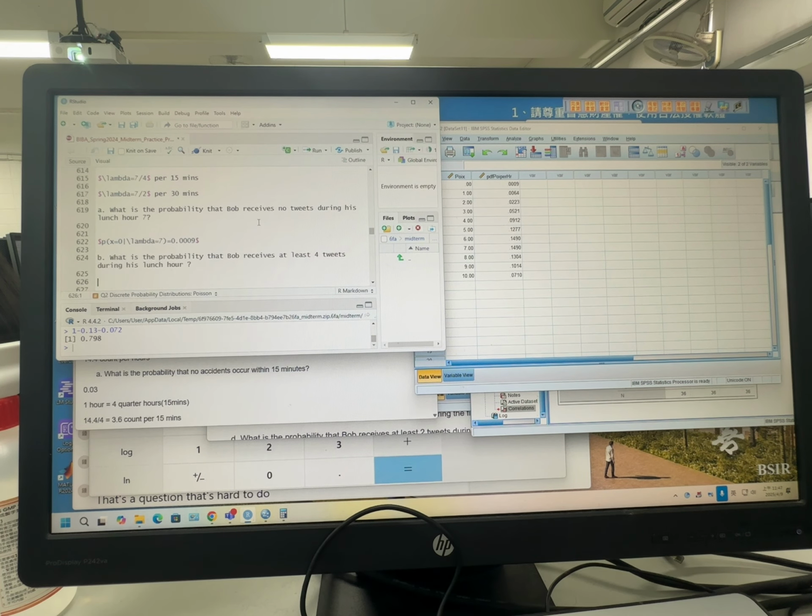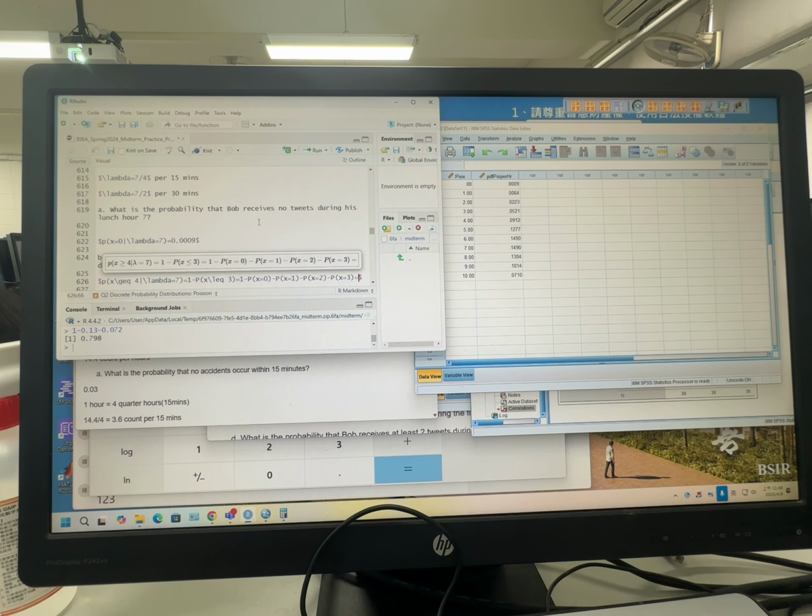And at least 4 is the same thing. You can do X greater or equal to 4. This one is equal to 1 minus the probability of X up to 3. So it's equal to 1 minus P of X equal to 0, 1, 2, 3.